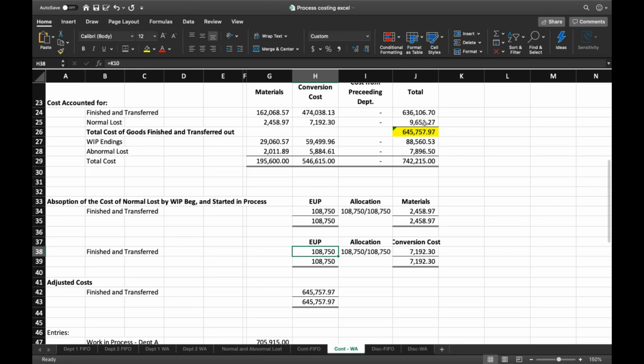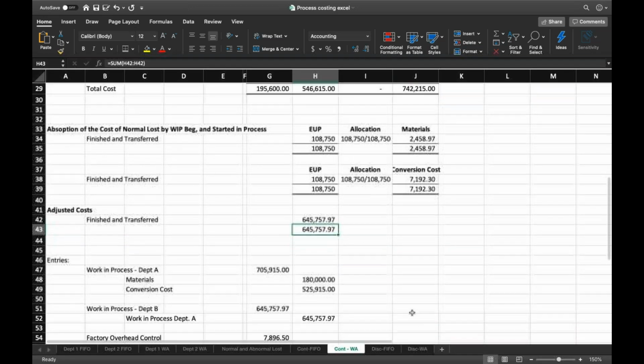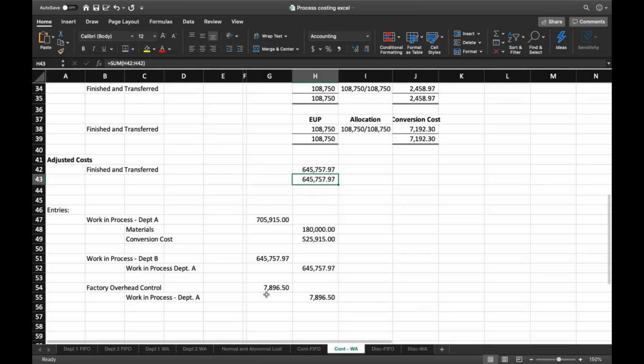Okay, so yung buong 645 is the new cost of the finished and transferred. It should be adjusted to this amount. Walang entry, amount lang yung ina-adjust natin. Okay, for the journal entry, the same. Cost incurred for this month, ang lalagyan lang natin ng journal entry.